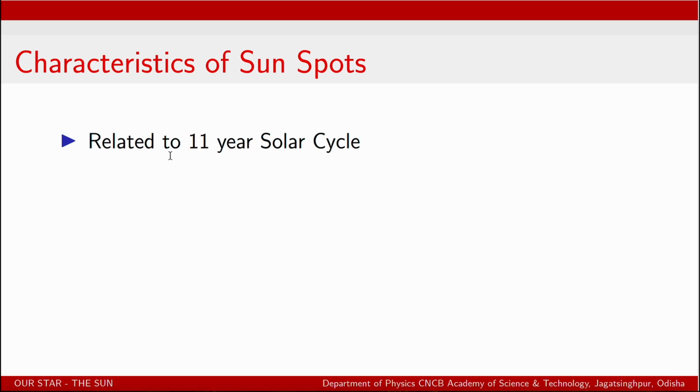What happens is that the sun flips its magnetic polarity every 11 years, and after 22 years its polarity is restored. So in this 11 years, there will be periods in which the frequency of sunspots will increase dramatically, and there will be periods in which the frequency of sunspots will be very low.